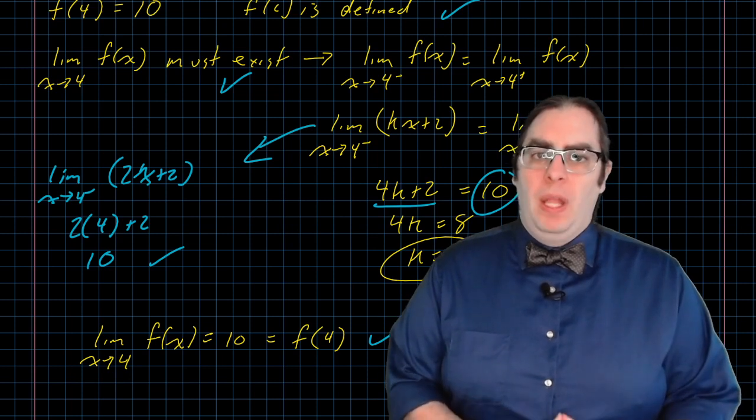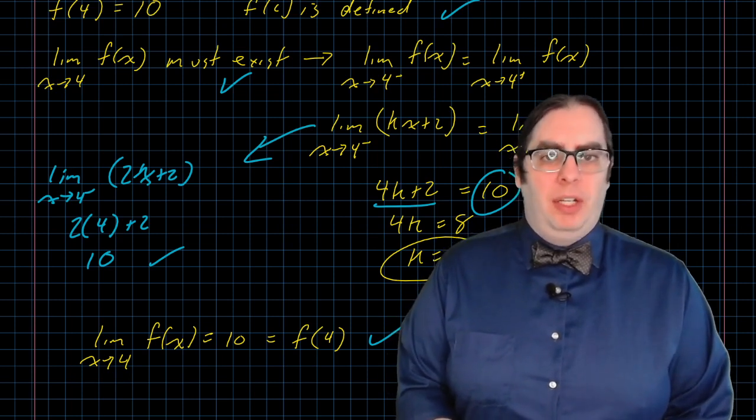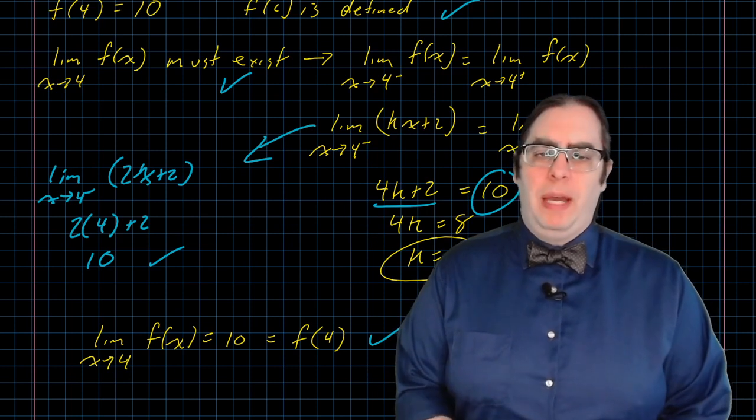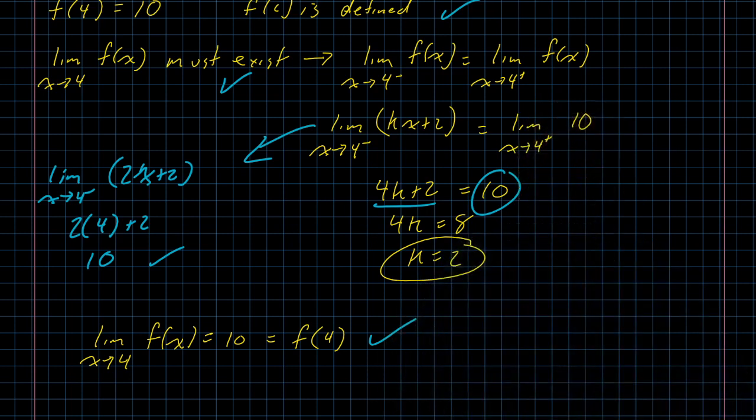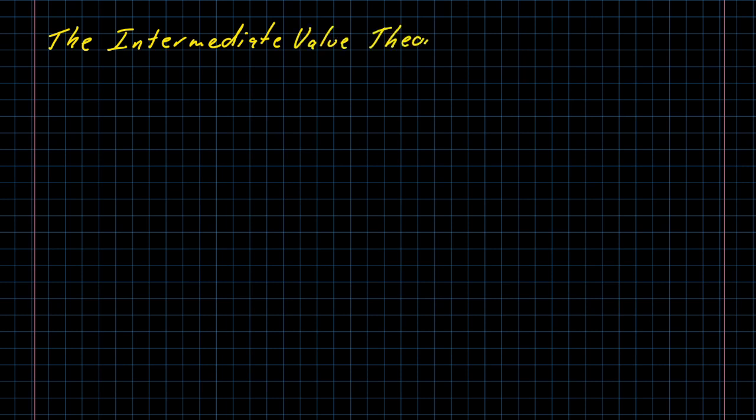All right. Now that we have at least some familiarity with this definition, let's think back to that original definition again. I want to show you that we can tie this together. That tie takes the form of the intermediate value theorem.